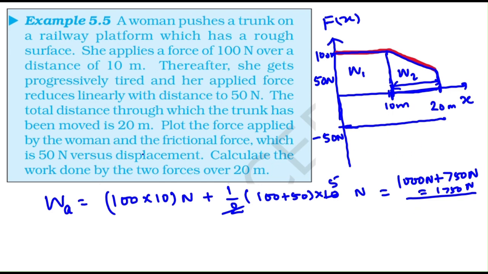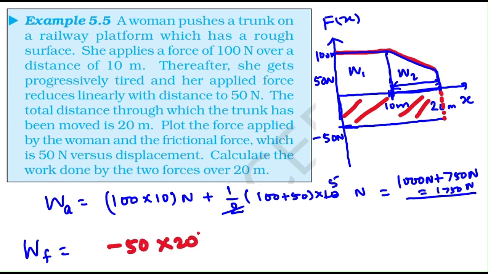The woman is applying the force. Now we have to calculate the work done by the friction force. For that we have to calculate the area under the projection of this curve, and we get minus 50 times 20. This work done is negative actually, since it is reducing its kinetic energy.